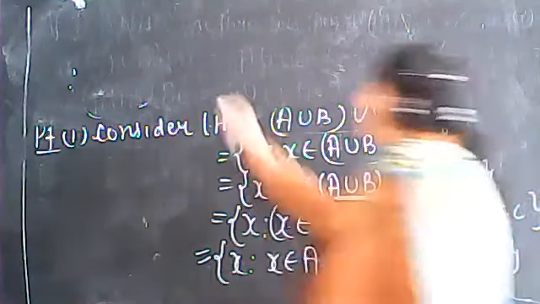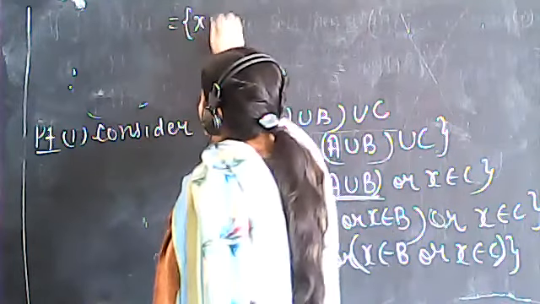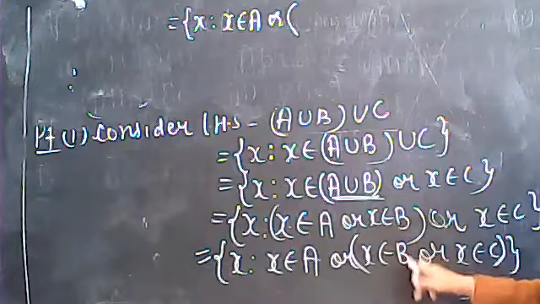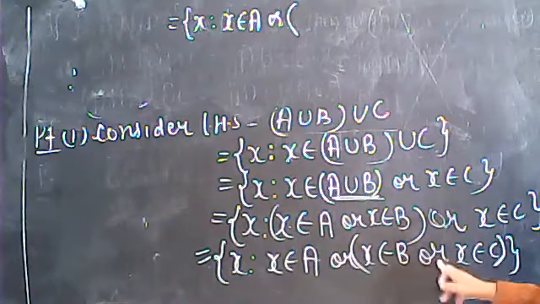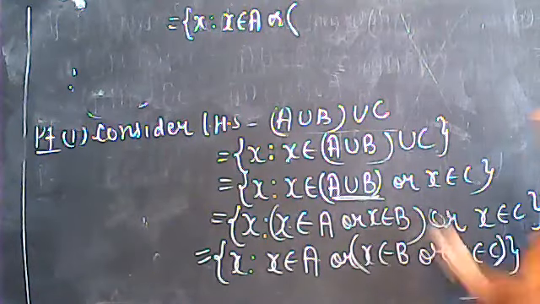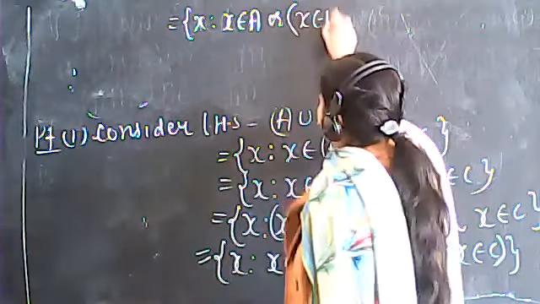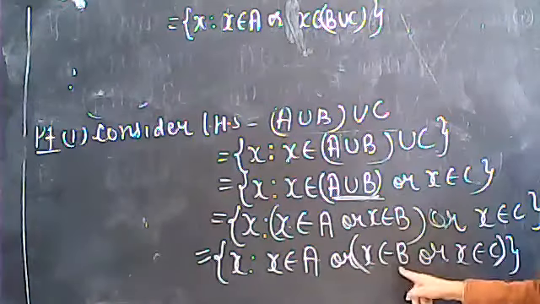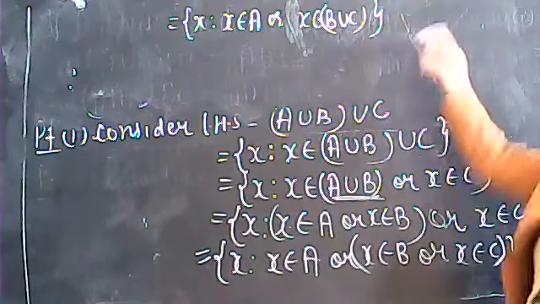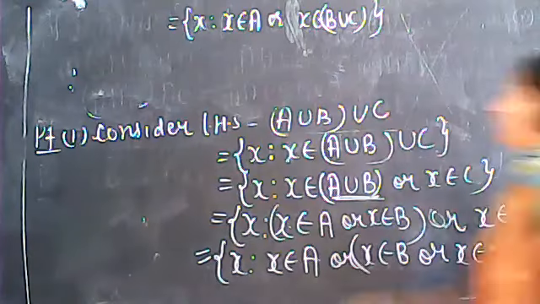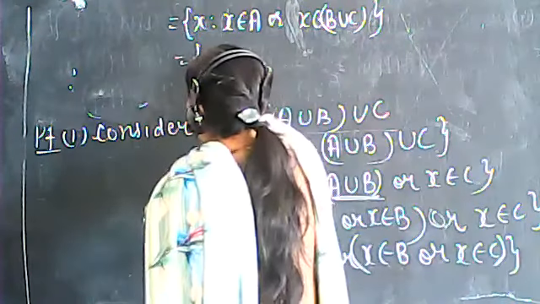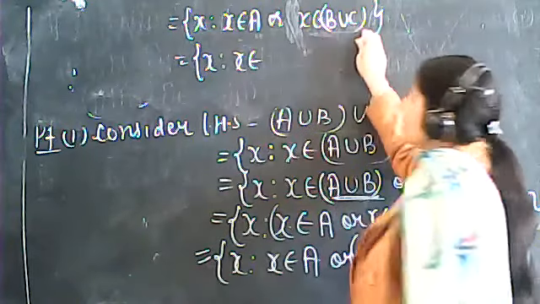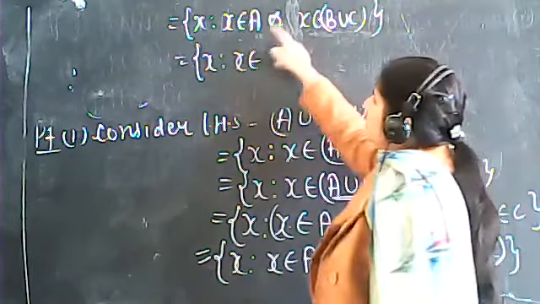So what will be the next step? This is equals to X such that X belongs to A, or X is present either in B or it is present in set C. So what does it mean? X belongs to B union C. X is either in B or in C, so it will go in the union of both. So the next step is X such that X is present in A or it is present in B union C. So what is the meaning of this?